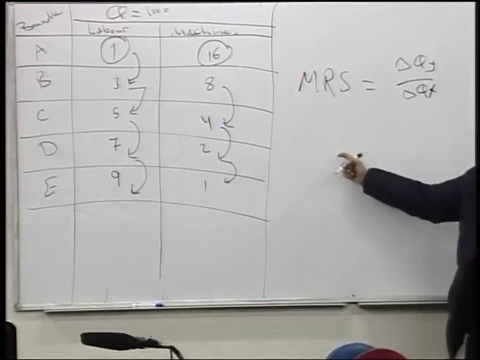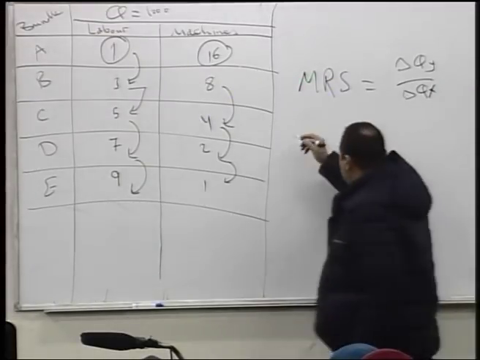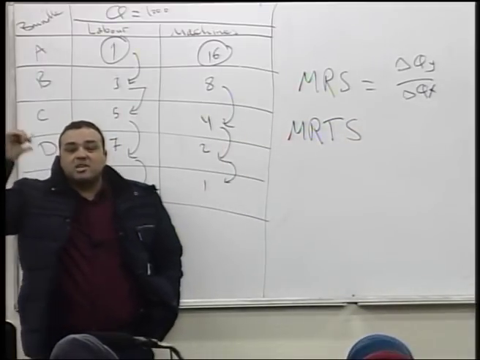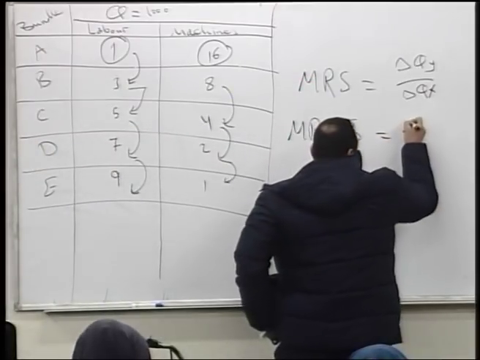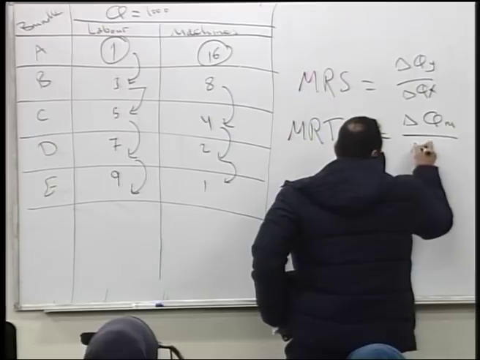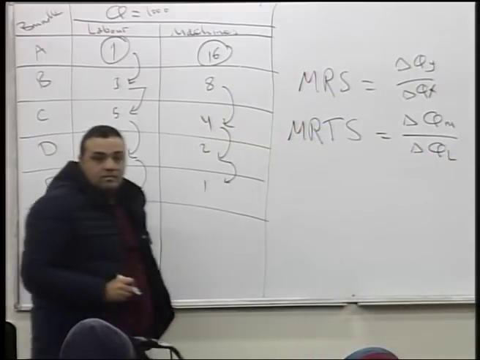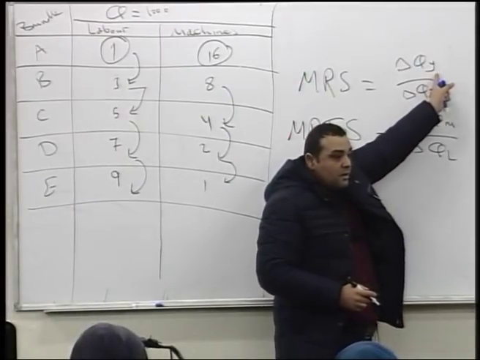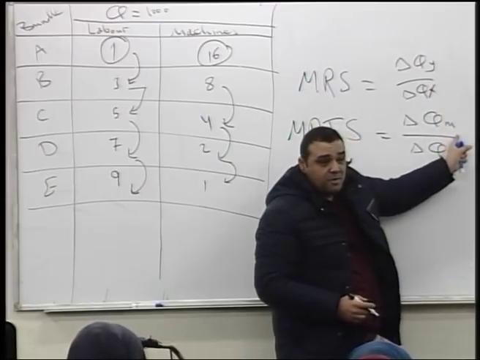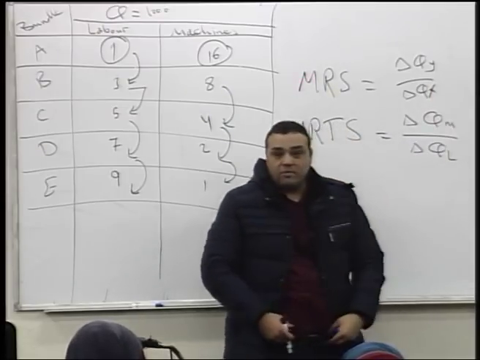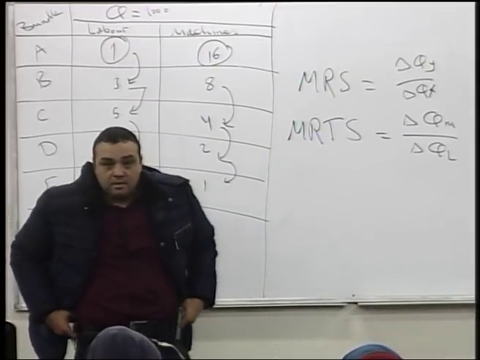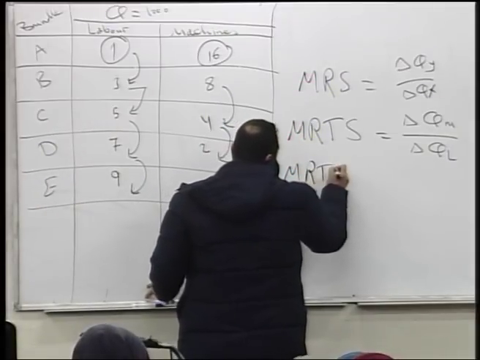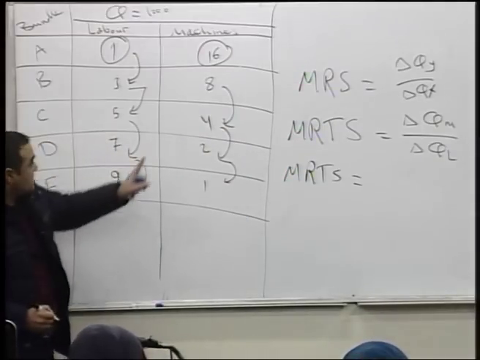Here, for the producer, we have the same term, which is the marginal rate of technical substitution, equal to the change in the quantity of machines over the change in the quantity of workers, L. Which means for the consumer, Y is the machinery here for the producer, and X is the number of workers here. All right?